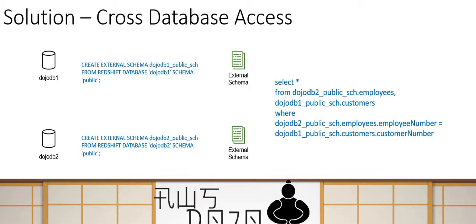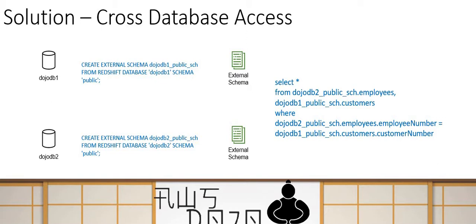It's pretty simple and straightforward, but a very powerful tool, because many organizations have more than one database created in a Redshift cluster. And if they needed to query across these different databases, they used to have a lot of challenges. This cross database access simply solves that problem using the external schema method.